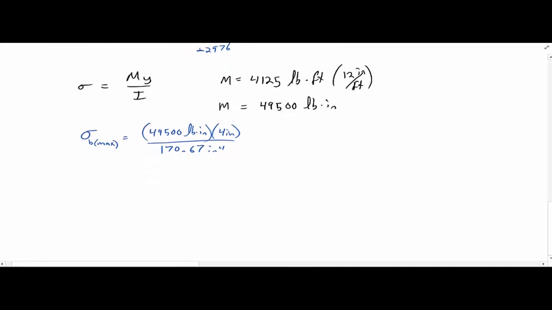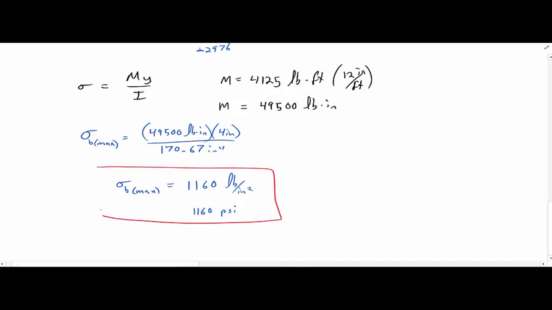And so once you do this, you should find that your maximum stress is going to equal 1,160 pounds per inch squared, or 1,160 psi. And this is the answer to part B. And that's it.